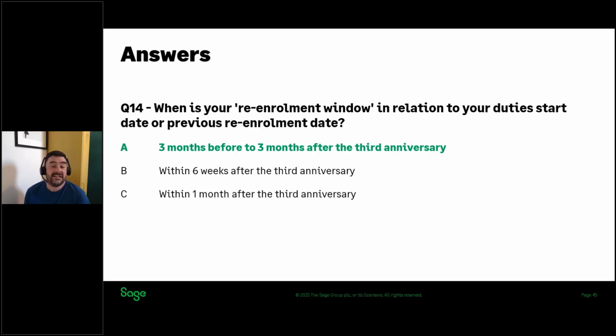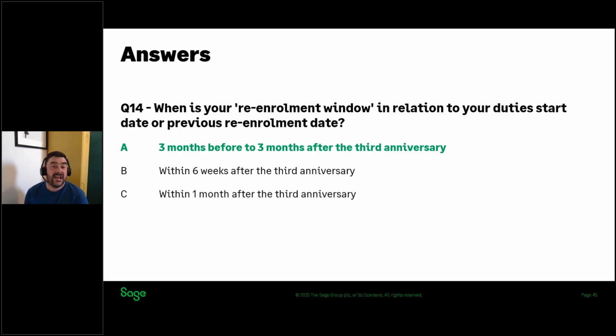You can choose a date of your choice within that re-enrollment window. And if you use the pension module, your pension assessment is how you would re-enroll your employees, and that will happen in the same pay reference period as your chosen re-enrollment date.